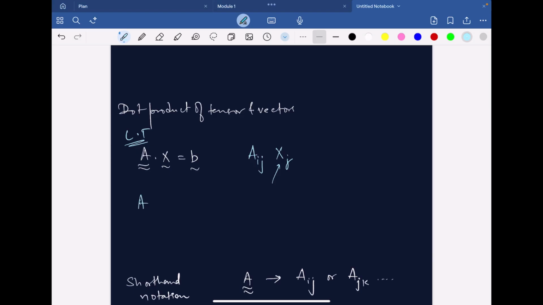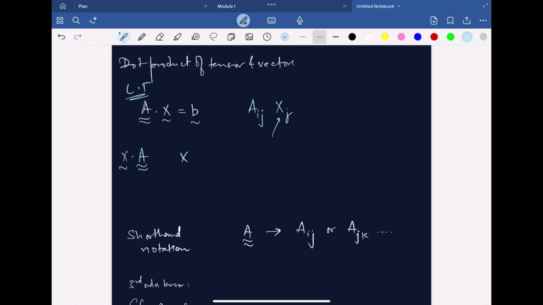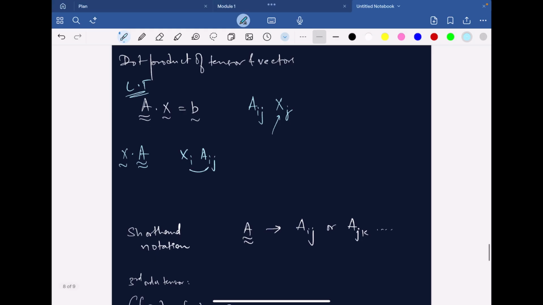If I had written X dotted with this, then you would write it as Xi Aij. So the first index of the tensor would be repeating, or alternatively you could write it as Xj Aj. The first index is repeating. Both are equivalent.